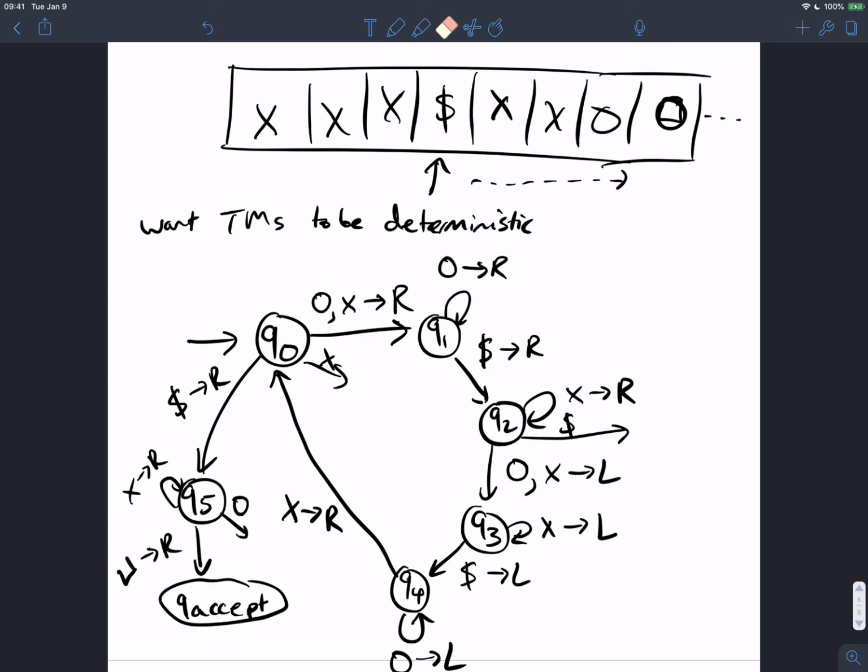And then Q2 has a self loop zooming past all those X's on the second half until it transitions to Q3 when it sees that first unmarked 0. Does that make sense? Or I'm not sure what the question is. We can talk offline if you're still confused.